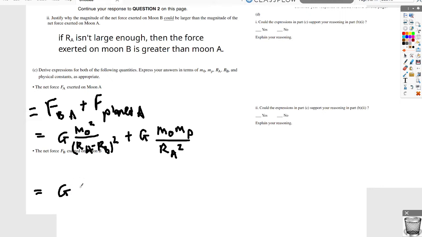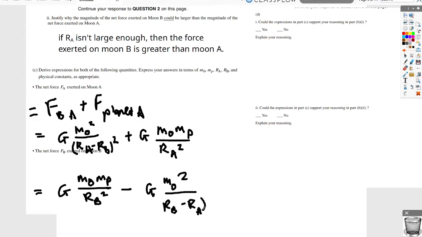And the net force exerted on moon B is G times M0 MP over RB squared, minus G M0 squared over RB minus RA, squared.